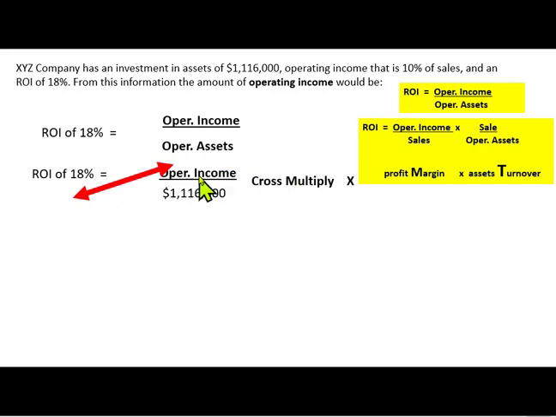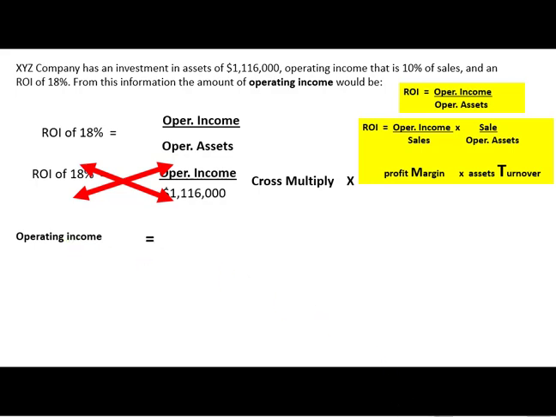So operating income times 1 is operating income, right? And then we'll also cross multiply the 18% times the $1,116,000. That'd be the second cross thing we'll cross multiply. And so when you multiply operating income times 1, you get operating income.